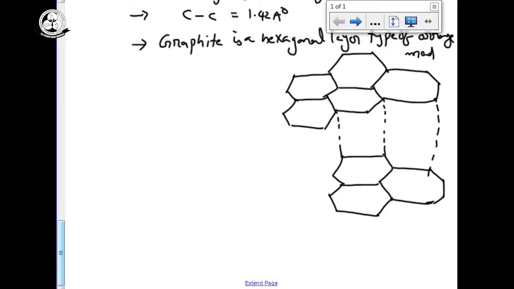You can take any one of the carbons; one carbon is surrounded by only 3 other carbon atoms. In graphite, each carbon is surrounded by 3 other carbon atoms.